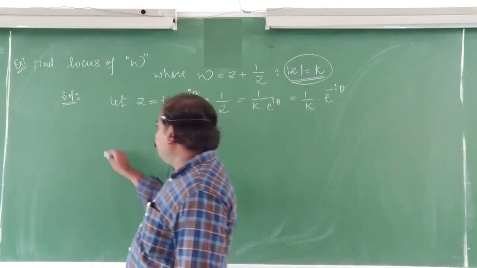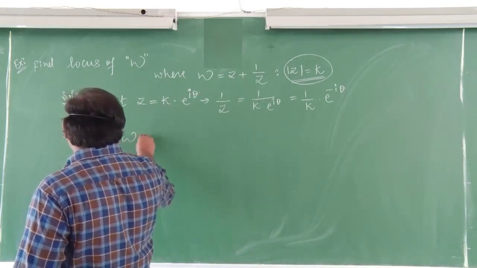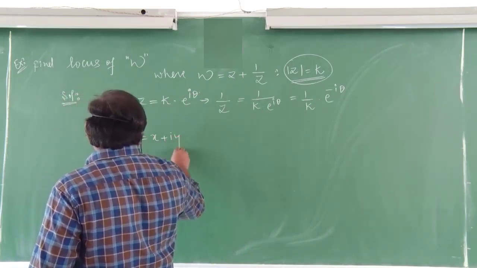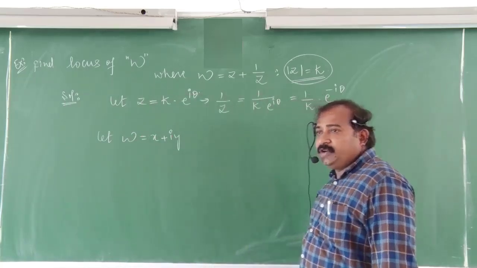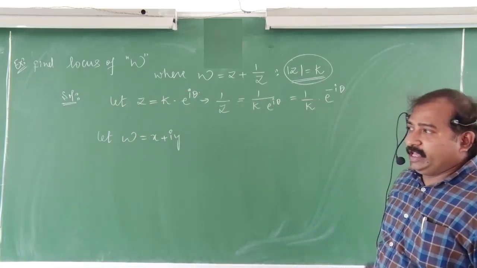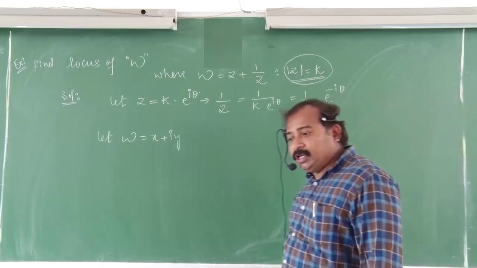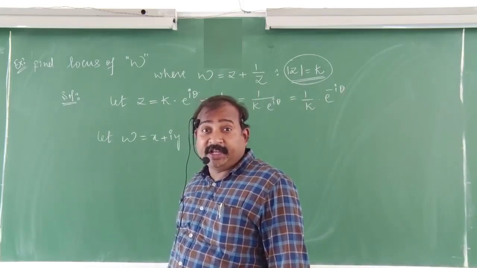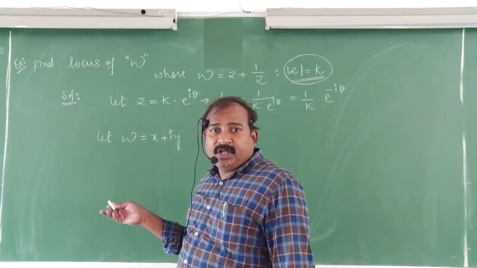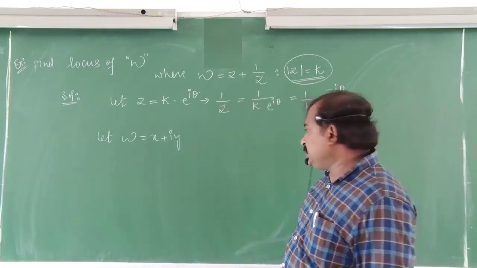Then let W equal x plus iy. In order to fix the locus of any complex number, as in the locus problems, we take P(x, y) as any point on the required locus. Same here: let W equal x plus iy.